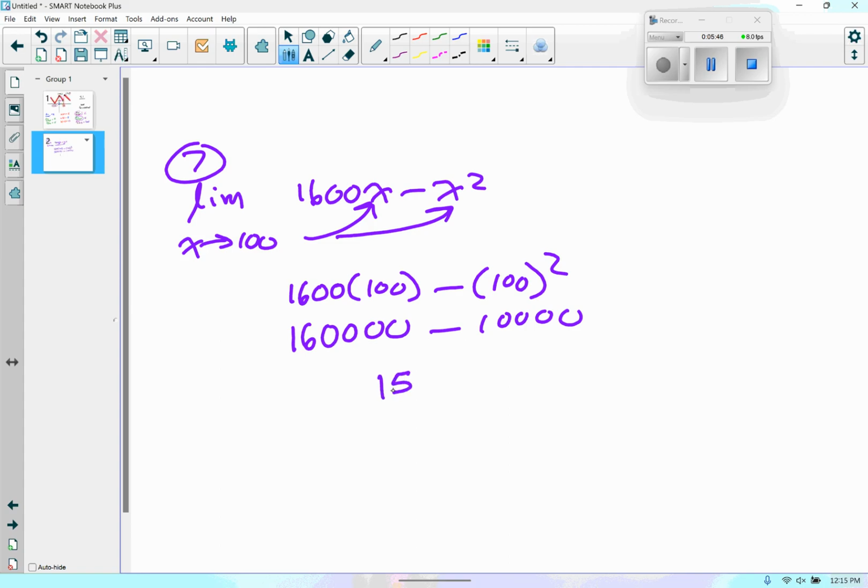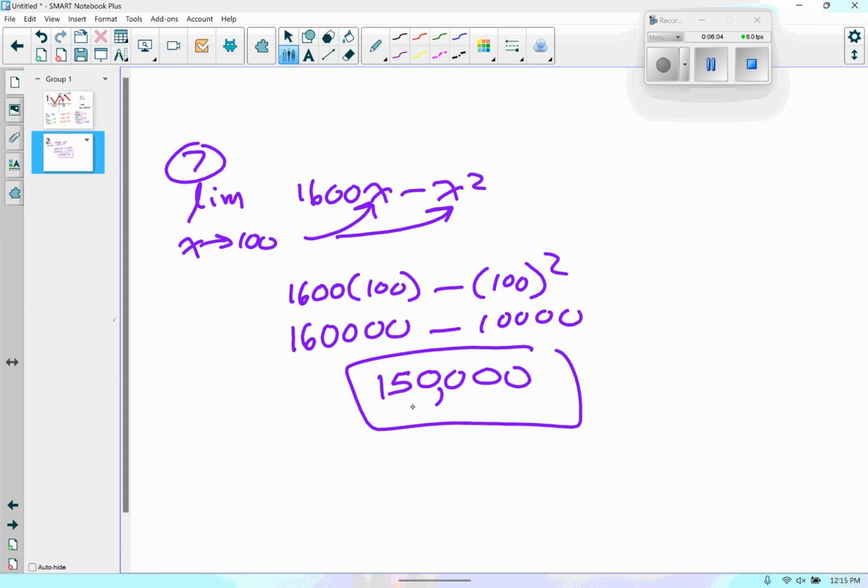So it comes out to, that should be our answer, 150,000. So that's a direct plug-in. You do not have to really even graph it. If you graphed it, you'd see it comes to 150 as well.